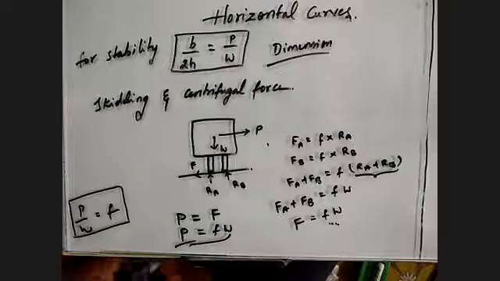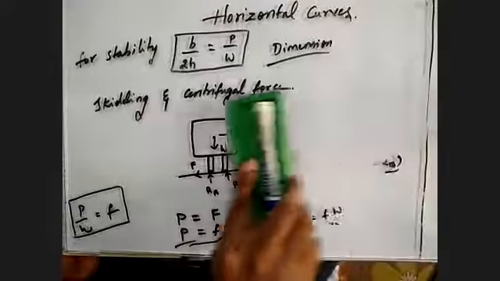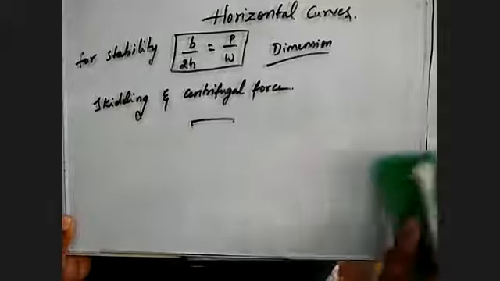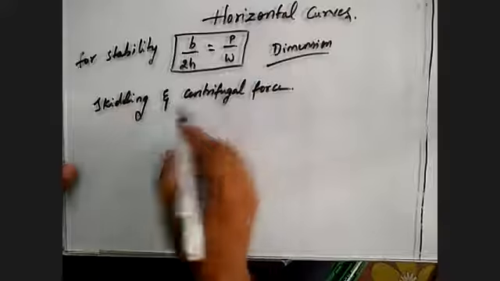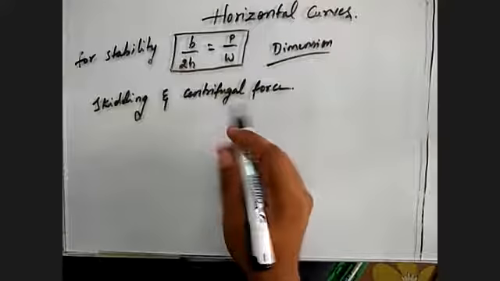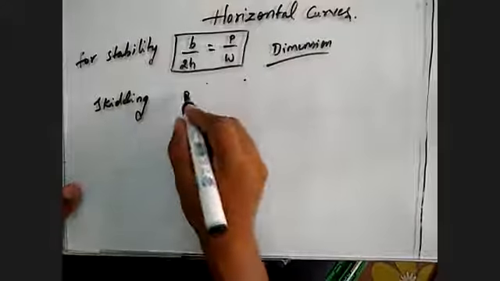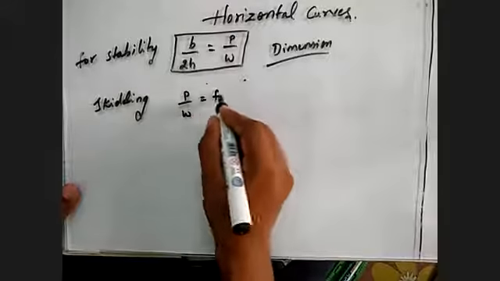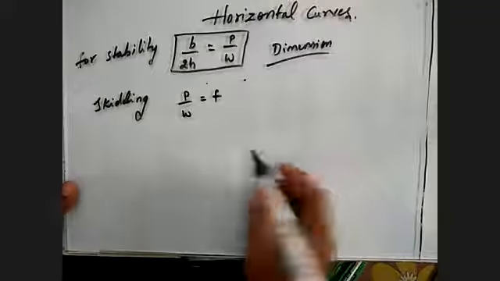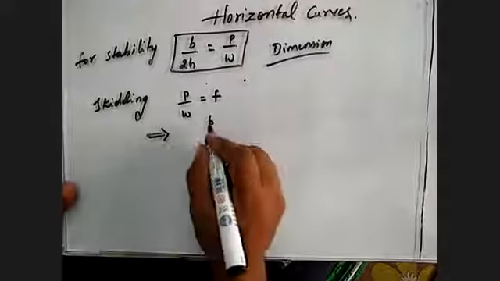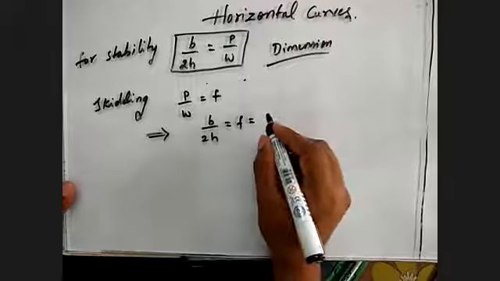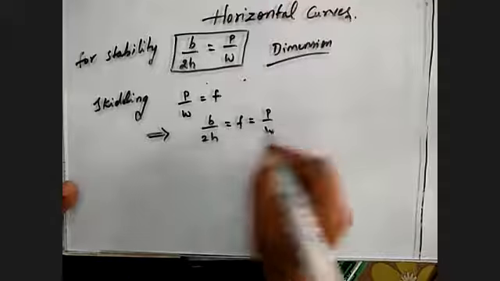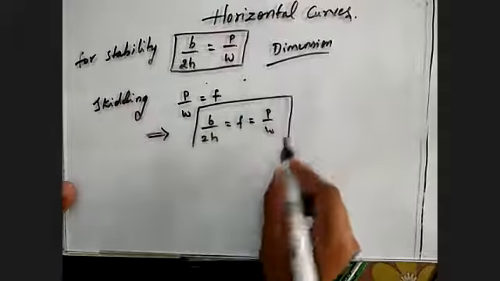So this is with respect to dimensions, and with respect to skidding we have P by W is F. From the above two equations, B by 2H equals F equals P by W. This is the equilibrium condition we need to remember.